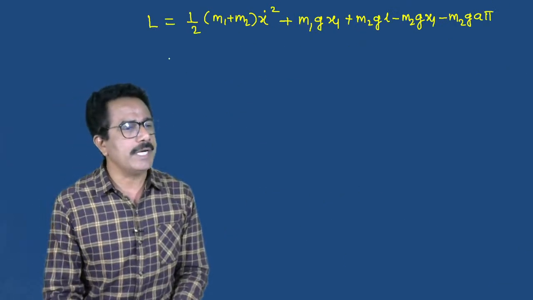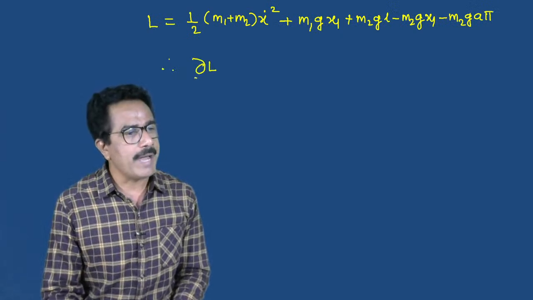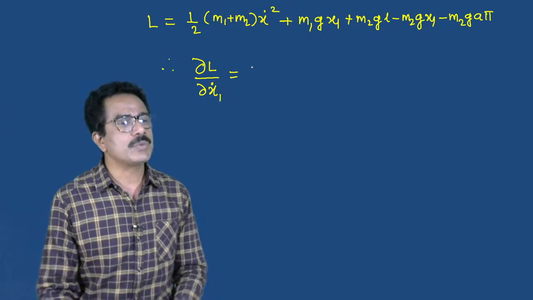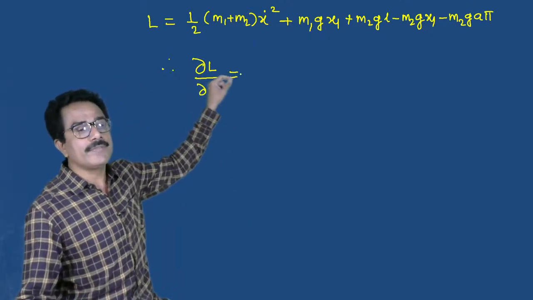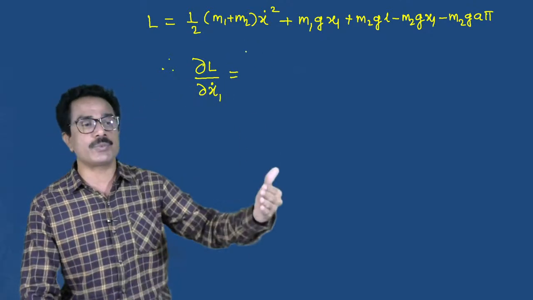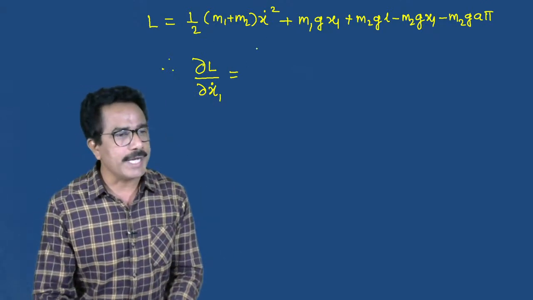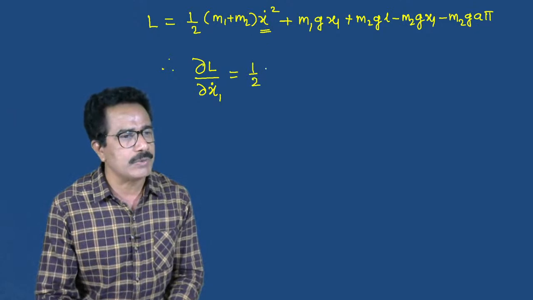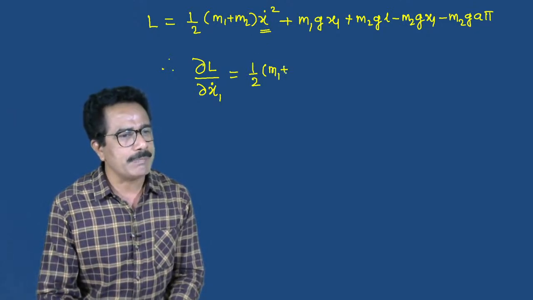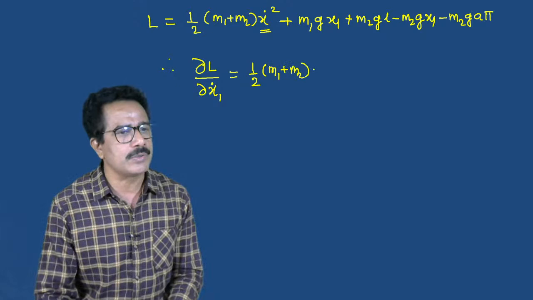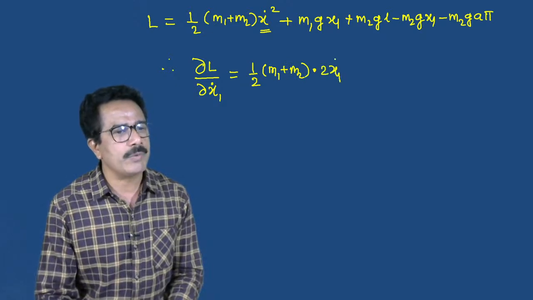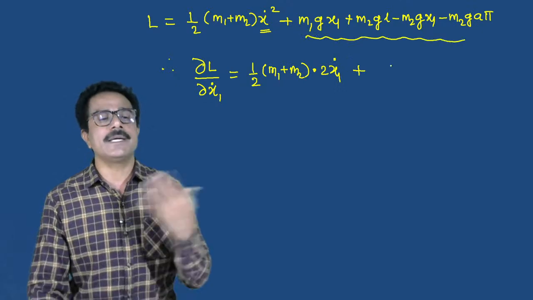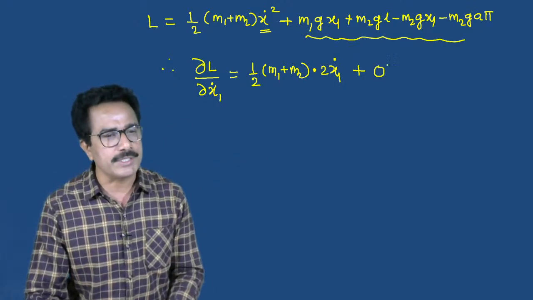Now we have to calculate dou L by dou x1 dot, means we have to take the derivative of this term with respect to x1 dot. So the derivative with respect to x1 dot means 1 by 2 into (m1 plus m2) into 2 x1 dot plus the derivative of the total remaining term with respect to x1 dot is 0.